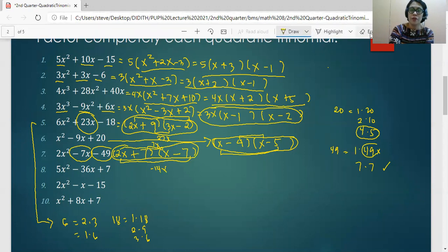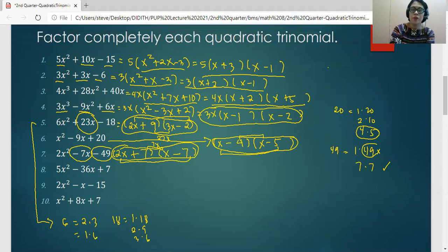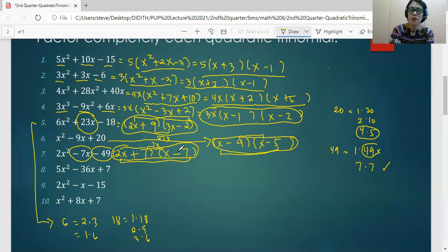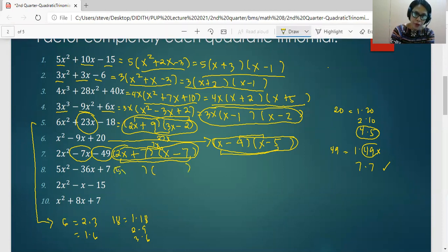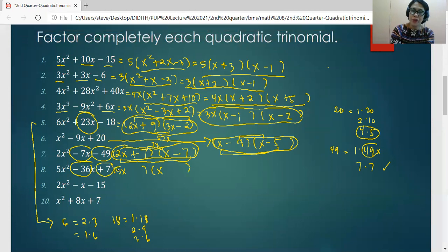Okay? For number 8, now the factors of 5 are 5 and 1, because 5 is a prime number, as well as 7 is a prime number, so its factors are only 7 and 1. So we place either 5x here or on the second factor, okay? And then 7. Now, look at the middle term. It's negative 36x, okay? So, meaning we're going to consider two negative factors for 7.